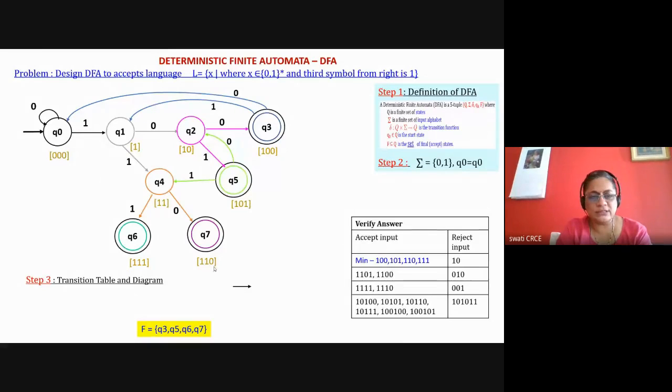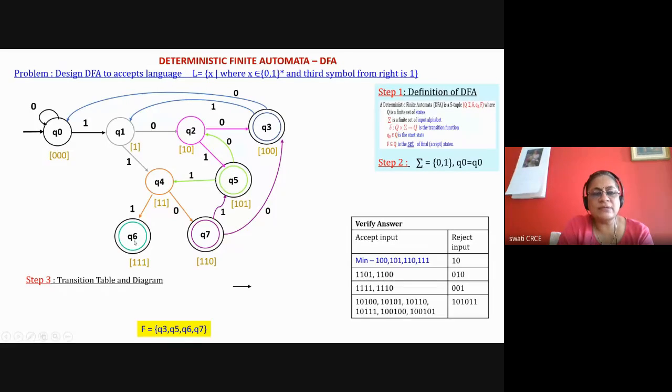Okay, for Q6, I think in the animation it will be Q6. In Q7, if there is any one, it is becoming 101, last three symbols. So that is also allowed, 101. So it is going to the final state. Then with 0, last three digits are becoming 100. So it is going here.